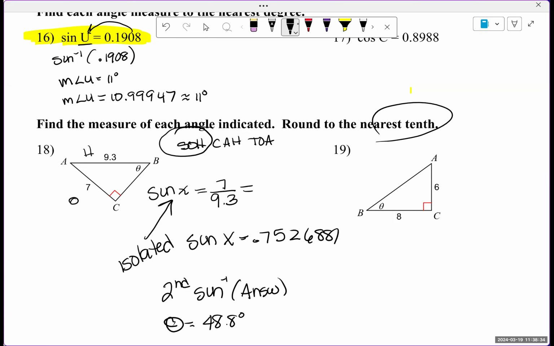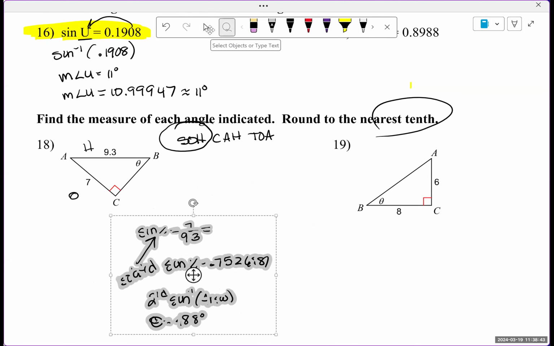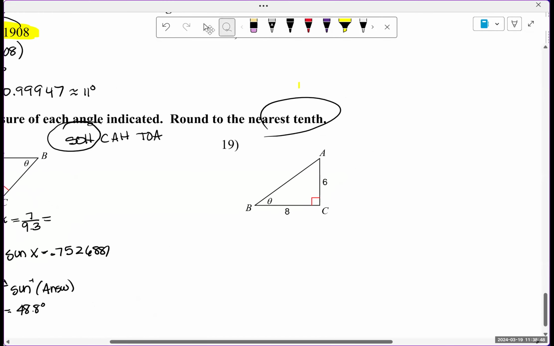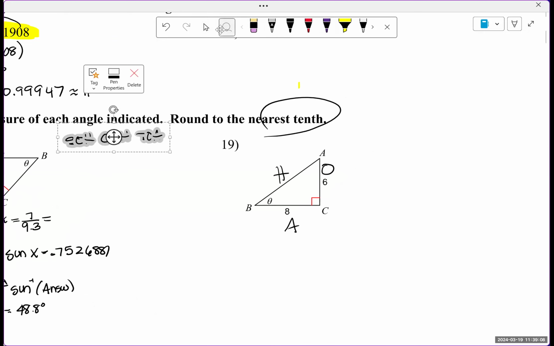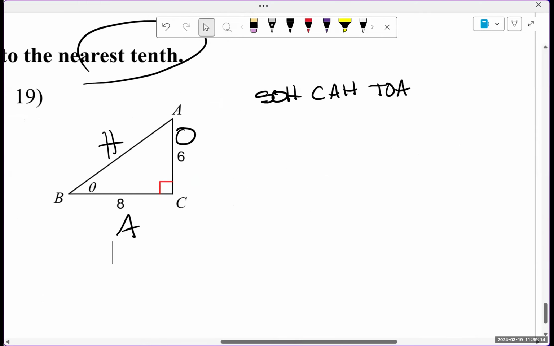Okay, let's do number 19. Let's label hypotenuse, opposite, adjacent. Which one am I going to use?